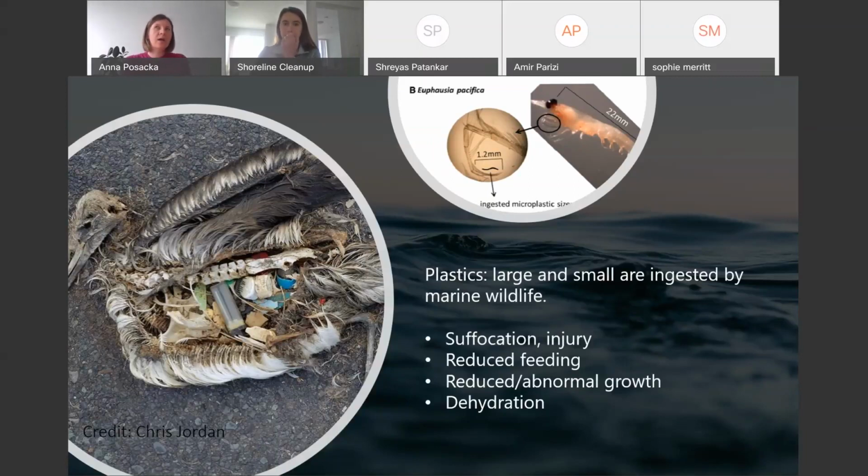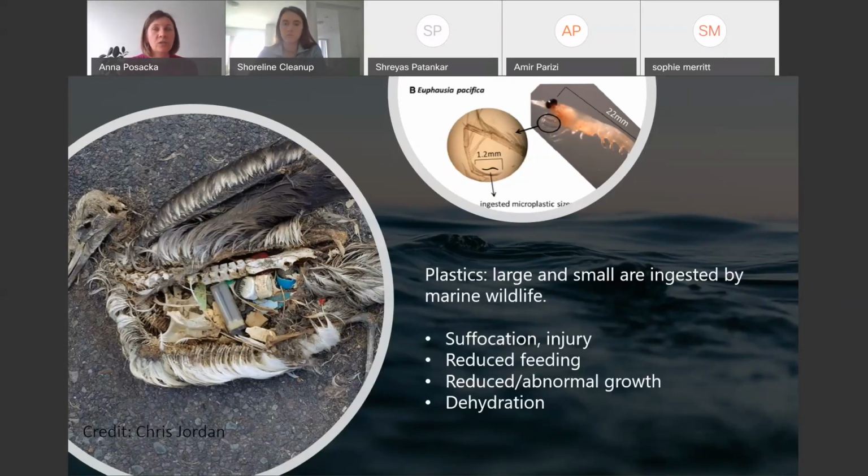And of course, the major question for us is, what does this mean to the ocean and to the wildlife? There's still a lot that we don't know, but what is certain is that marine wildlife ingests plastics, large and small. They're being taken up by different species within the ocean.